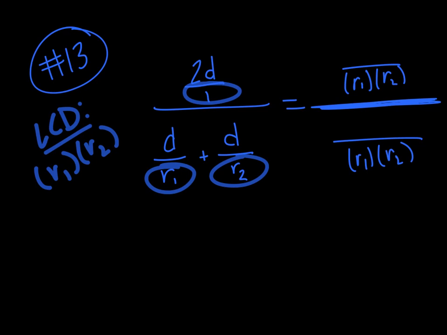So if we're looking at the top fraction, it has just the 1 in its denominator, so it's missing both of them. So it needs r1 and r2.